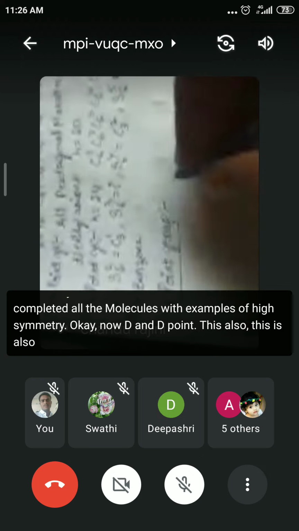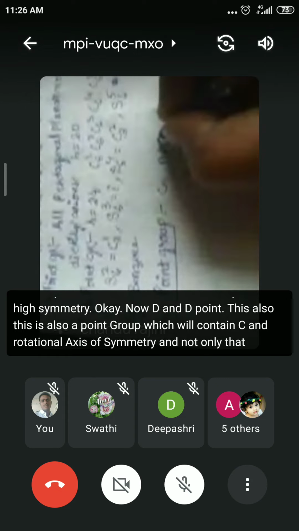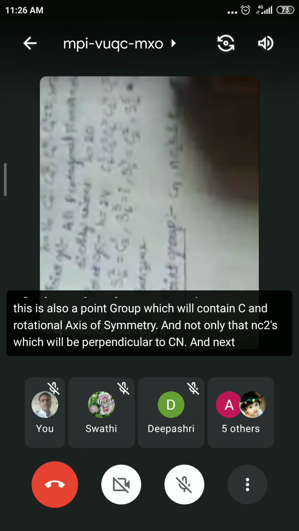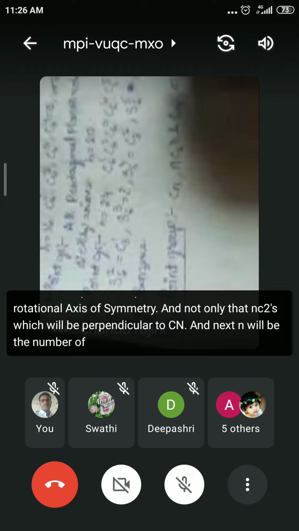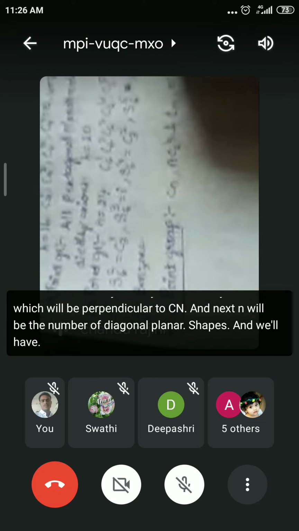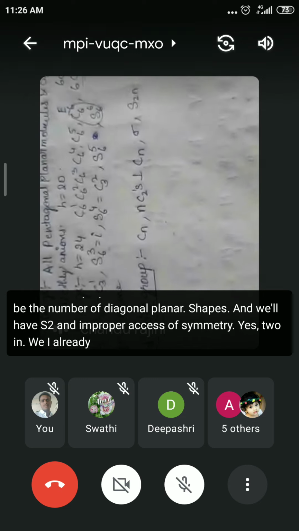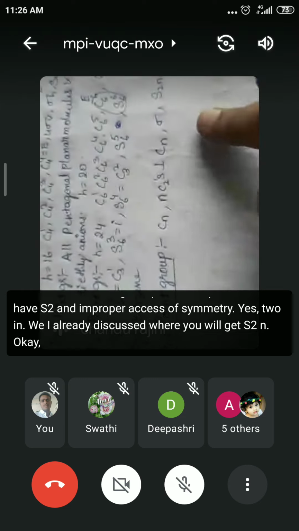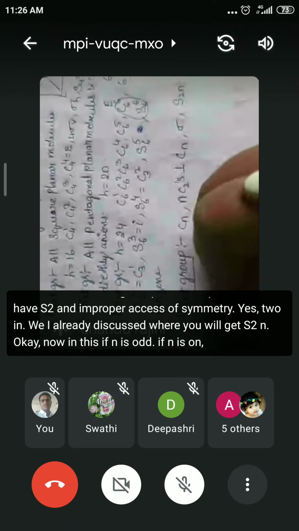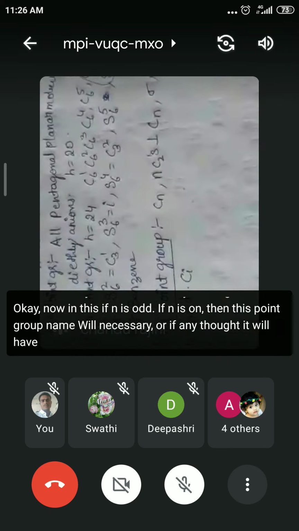This is also a point group which will contain a Cn rotational axis of symmetry, and not only that, n C2s which will be perpendicular to Cn, and next n will be the number of diagonal planes, and we'll have an S2n improper axis of symmetry. I already discussed where you will get S2n. Now in this, if n is odd, it will have a center of inversion element.